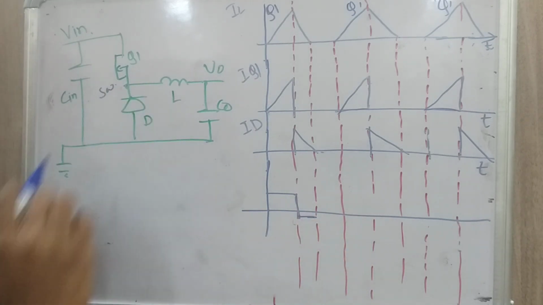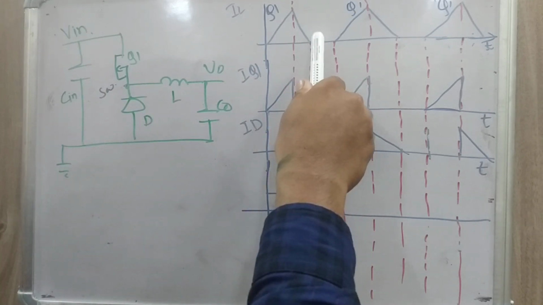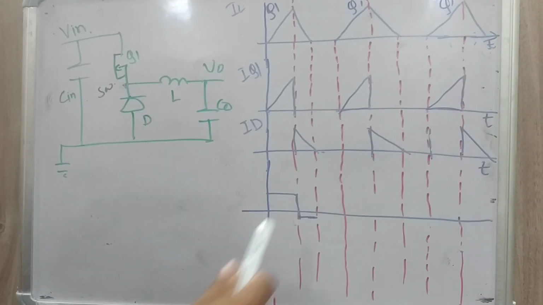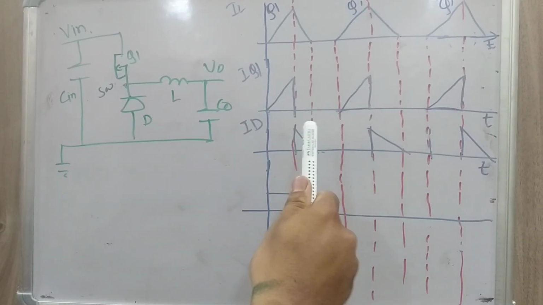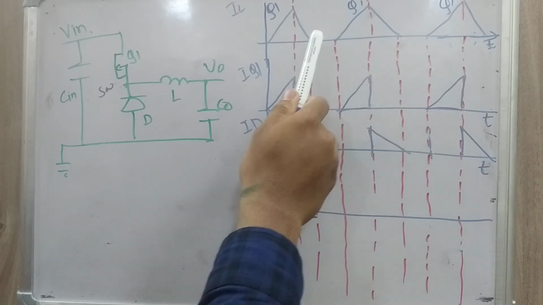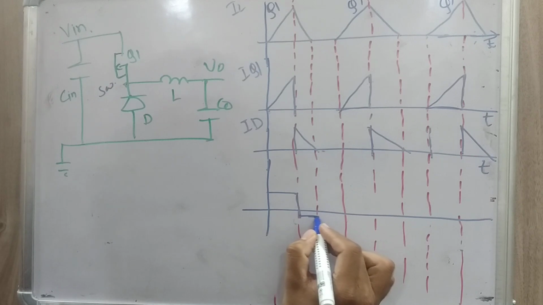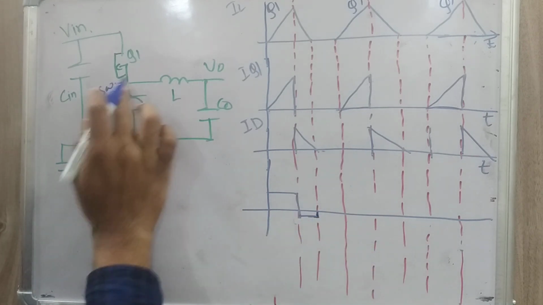Now at this instant, the inductor current has reached 0. It means the inductor does not have any energy for the freewheeling. So now the switching node will go to 0.